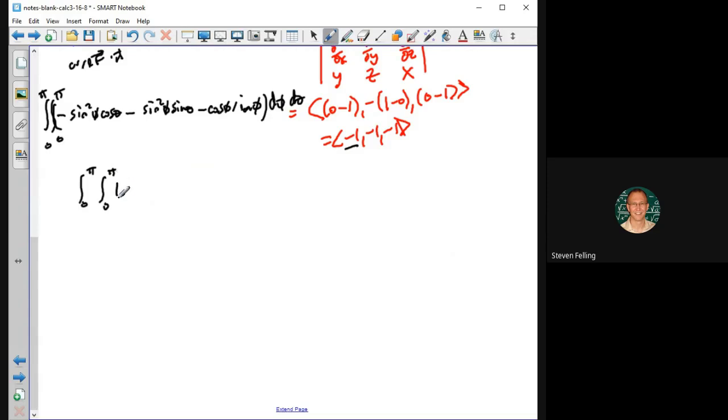If we took out a negative sine squared theta, what would be left here would be, actually, we probably want to leave that in there. Yeah, let's leave that in there because I think it would be easier to do it like this. We're going to have negative sine squared theta cosine phi. I'm just going to go ahead right now and break these each up into separate integrals because each of these terms can be done separately.